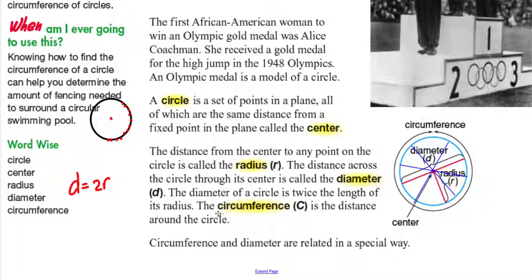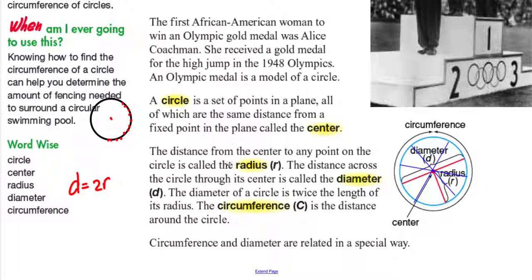Finally, the circumference, or capital C, is the distance around the circle. If you measure the distance around the circle, that is called the circumference. Circumference and diameter are related in a very special way. What do we mean by this?